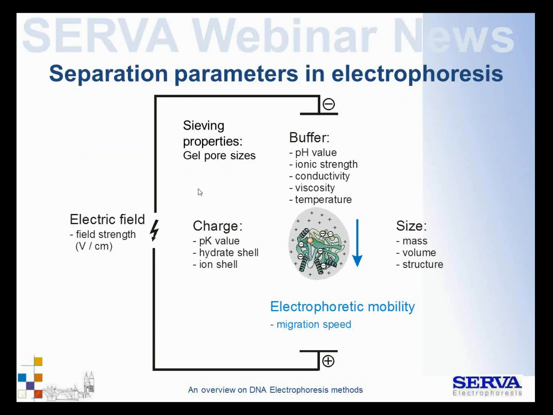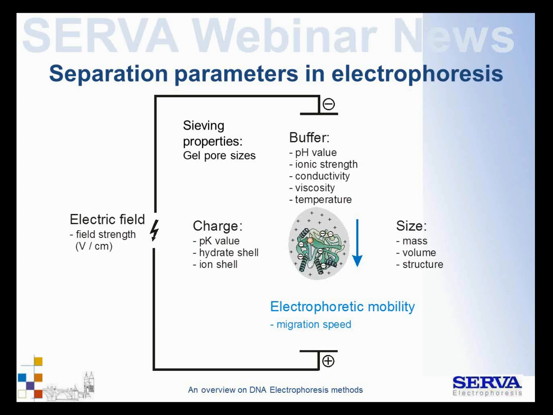So what are the dependencies of the electrophoretic mobility? First of all, it's the gel pore sizes. This is a parameter which is active on all particles, on all components, because if you have a gel with small pore sizes, generally the electrophoretic mobilities will be lower. If you have a gel with a more open structure with bigger pore sizes, the electrophoretic mobilities in total will be higher. And then there is also the buffer which acts on all the particles.